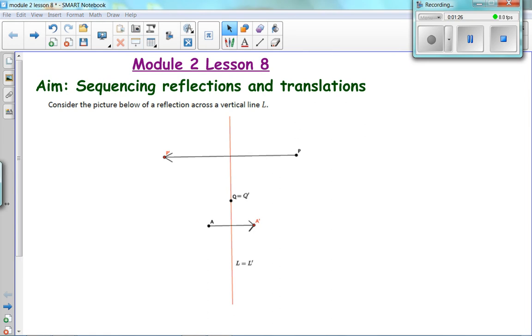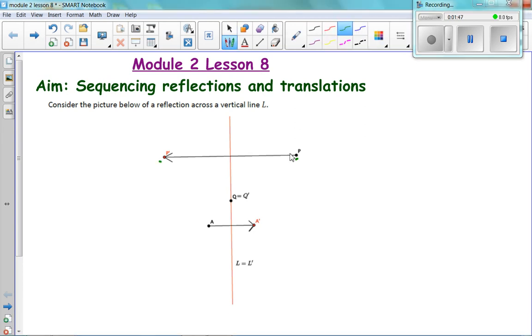Looking at this diagram here, line L is the line of reflection. And we have point P, and we have point Q on the line, and we have point A. This picture shows what happens when you reflect those images. So if you reflect point P across L, you get P prime.